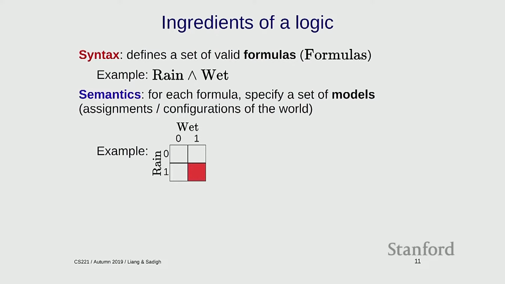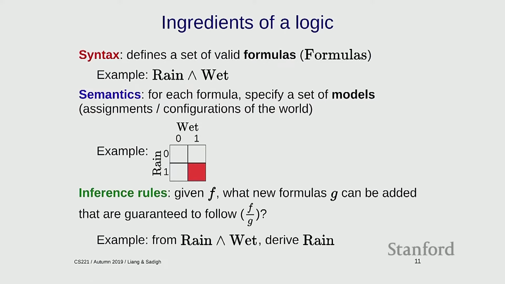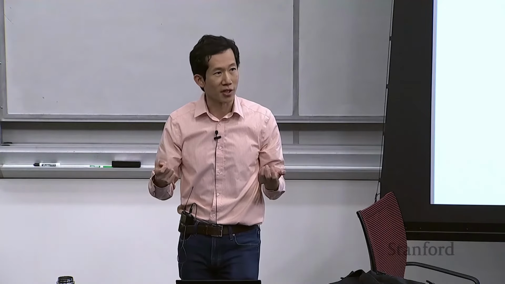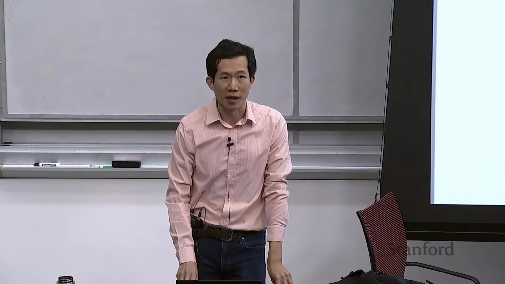There's semantics, which is, for each expression or formula, what does it mean? And mean actually means something very precise, which I'll come back to. And then inference rules allow you to take various formulas and do operations on them. Just like in the beginning when we had the algebra problem, you can add equations, you can move things to different sides. You can perform these rules, which are syntactic manipulations on these formulas or expressions that preserve some sort of semantics.